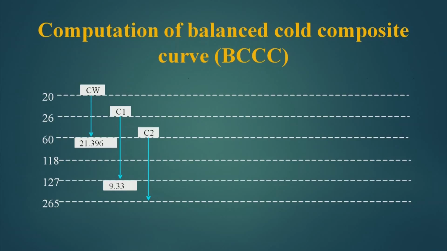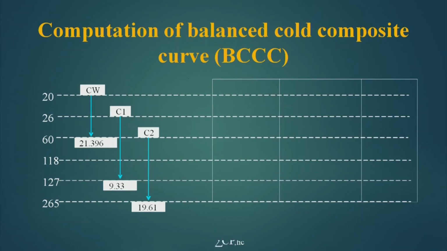The cold stream C1 is operating from 26 to 127 degrees centigrade, and C2 is operating from 60 to 265 degrees centigrade, and they have the MCP values: for C2 it is 19.61, C1 is 9.33 and Cw, that is cooling water, is 21.396. And then we find out the summation of Cp values.